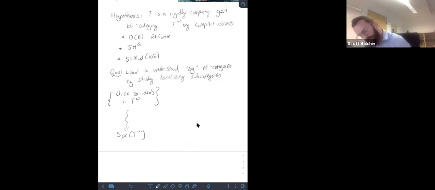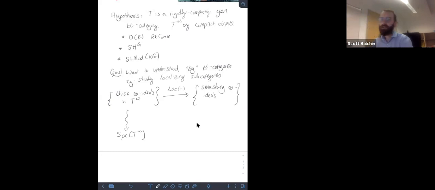Taking any thick tensor ideal, I can inflate it up to the whole category T. I can take the smallest localizing thing that contains it. And these give a certain type of localizing ideals called smashing tensor ideals.